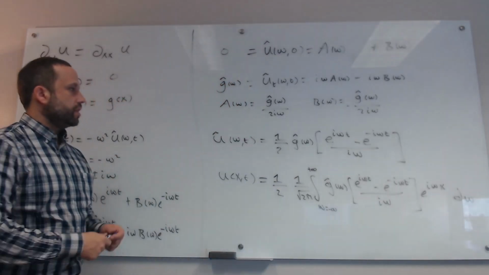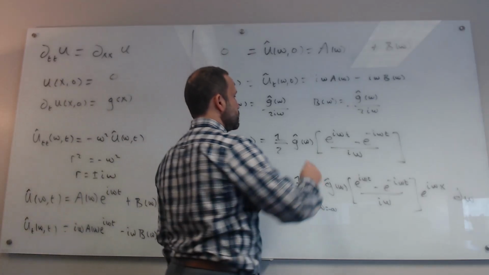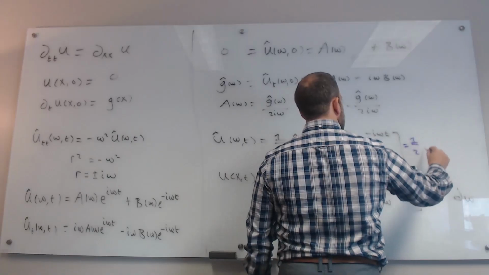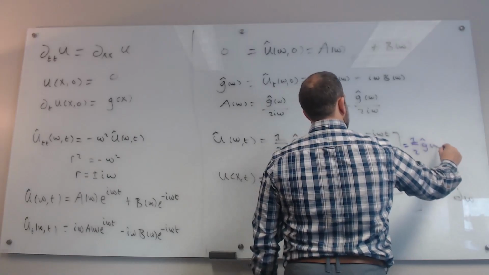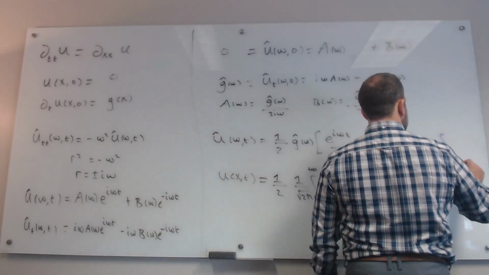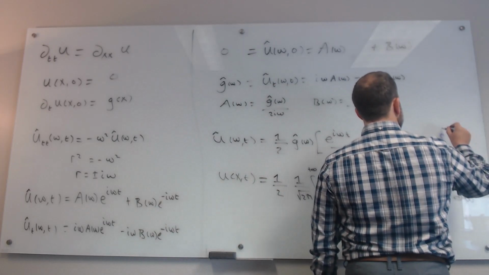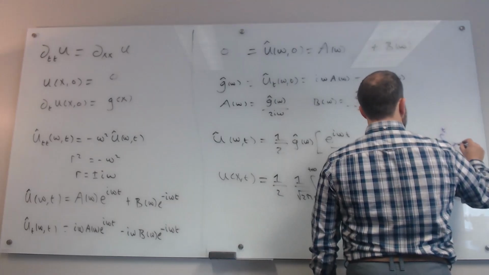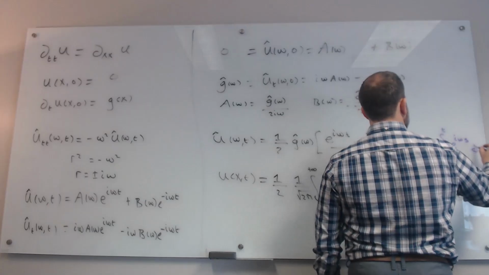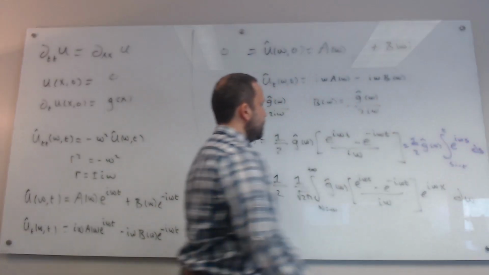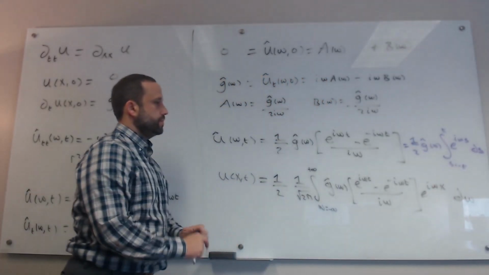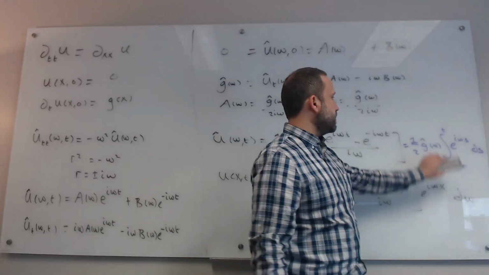If I think about this a little bit, this quantity right here is equal to 1/2 times g hat of omega, but then this quantity in the brackets right here is equal to the integral, s going from minus t to plus t, of e to the i omega s ds. The quantity in the brackets here is equal to this integral, going from minus t to t.